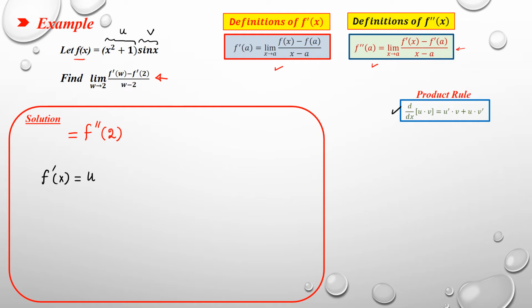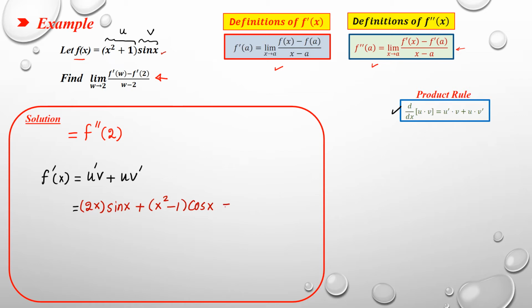As you know, the product rule is the derivative of uv equals u v prime plus u prime v. Now u prime, the derivative of the first function, is 2x multiplied by the second function sine x, plus u, the first function, x squared minus 1, multiplied by the derivative of v, which is cosine x.